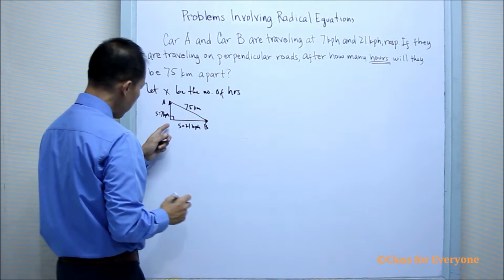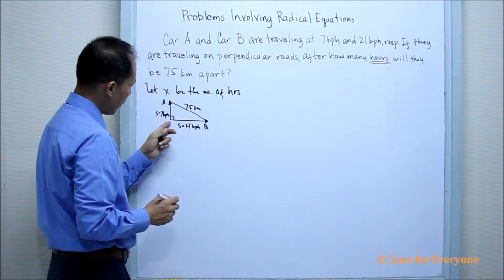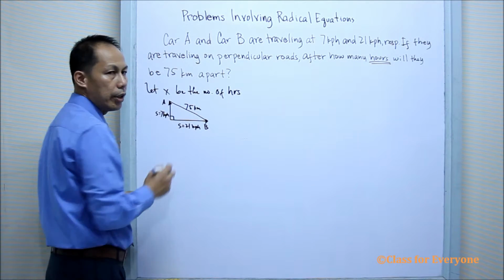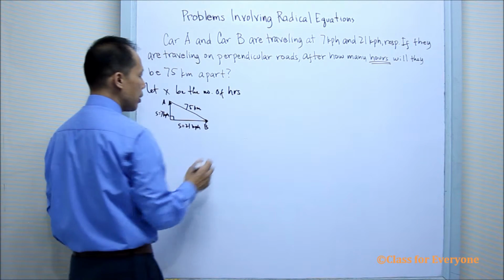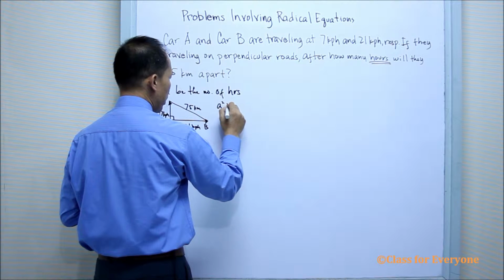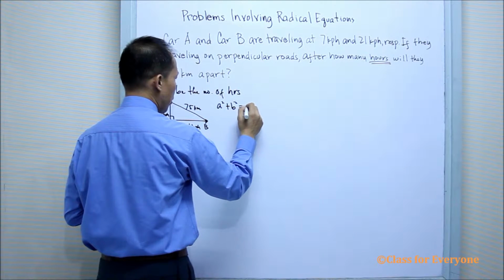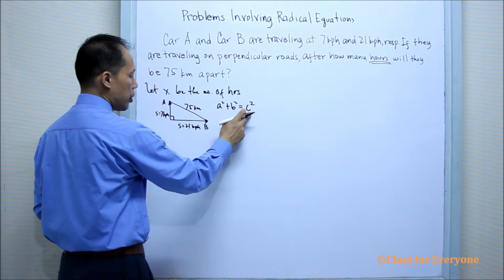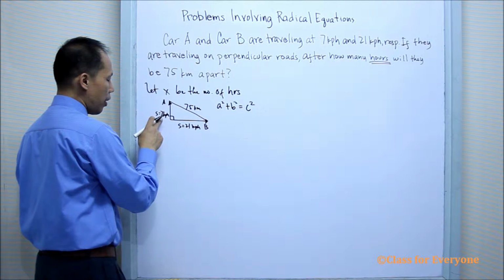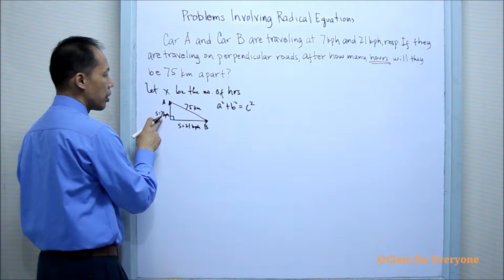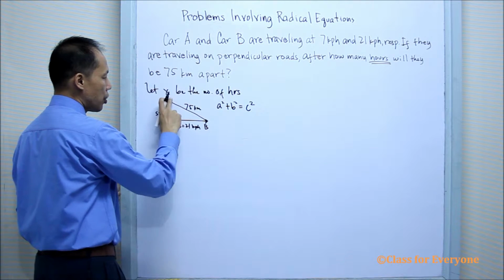Since we already know that this is a right triangle, we can use the Pythagorean theorem. The Pythagorean theorem states that a squared plus b squared is equal to c squared, where c squared is the hypotenuse. But we cannot use this 7 because 7 is a speed, not a distance.